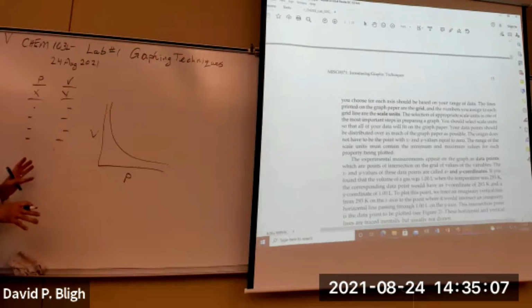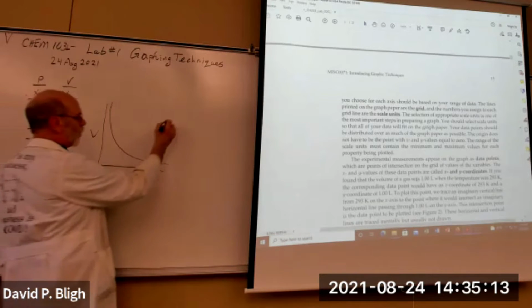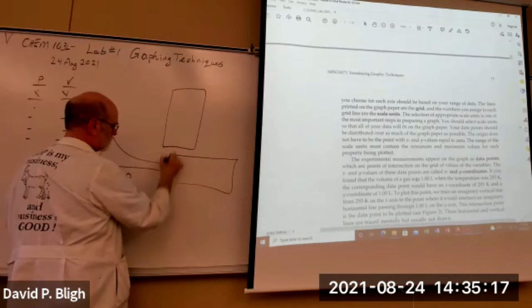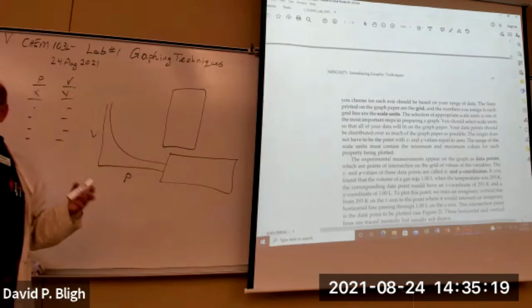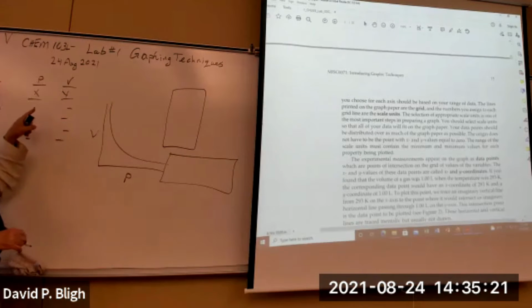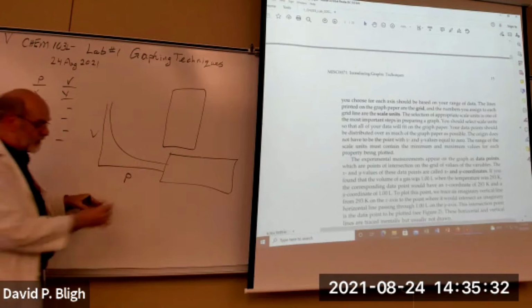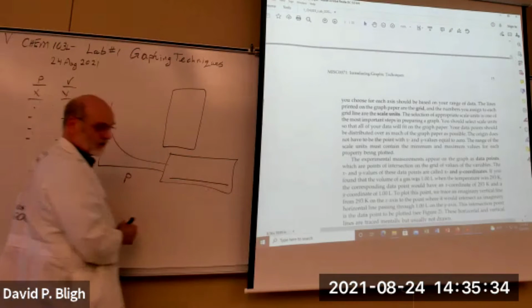So you take your points and you say, okay, should I present this graph as a portrait or landscape? If the X values or the independent variables are very long, a wide range, you may want to do it landscape and stretch them out like this.